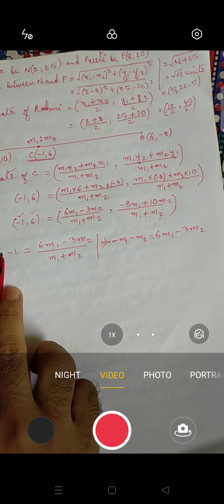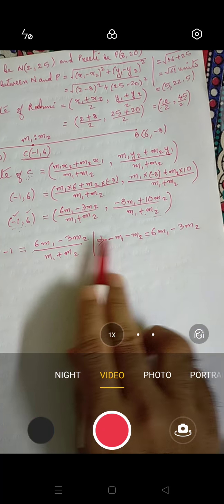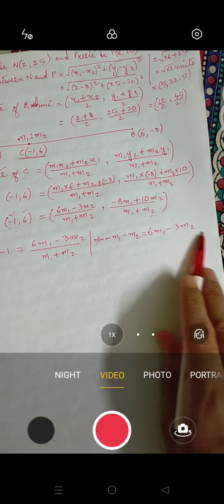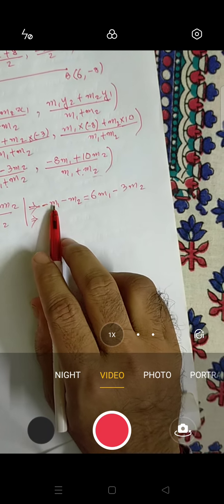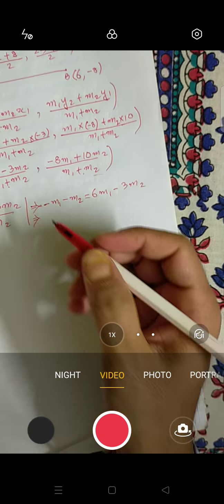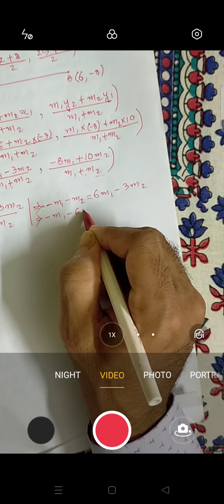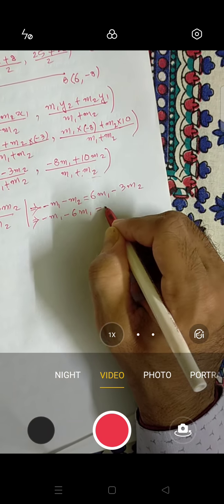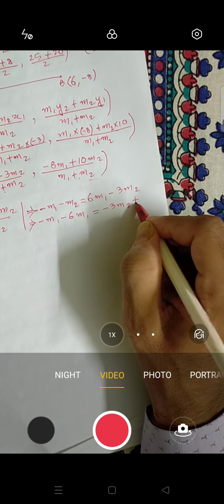This has been multiplied here, so their sign will change. It will become minus m1 minus m2. And this one remains same, 6m1 minus 3m2. Okay. Now what we will do, we'll bring m1 together and m2 together. So we'll be having minus m1 minus 6m1 equals to minus 3m2, and this will go there, it will become plus m2.